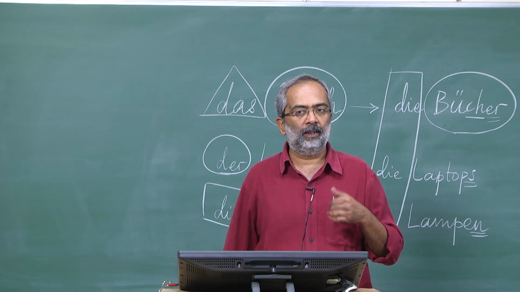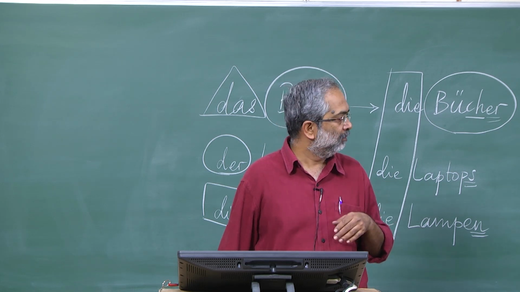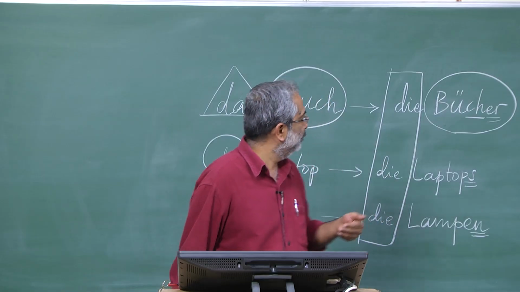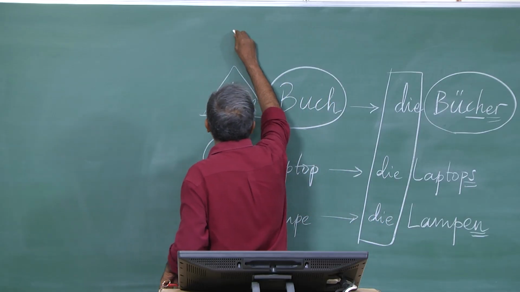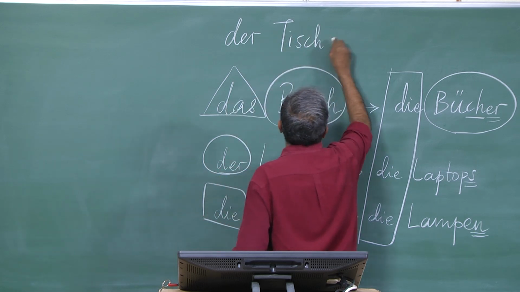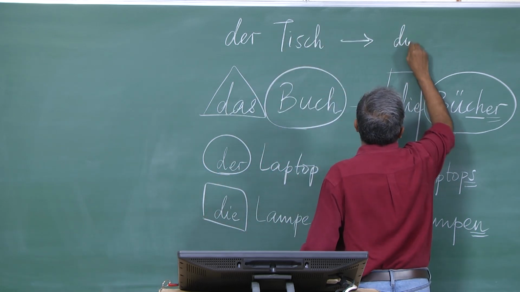Any other noun that you have come across? Not in English. Der Tisch, die Tische. In fact, it's a good example because it's again another way of making the plural.